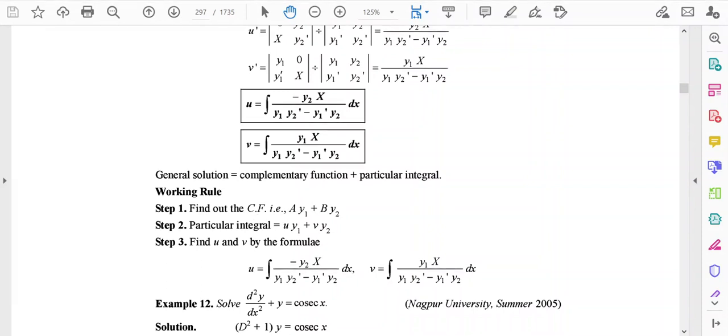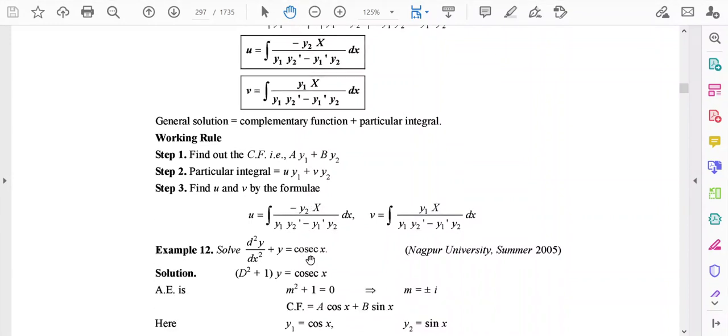Next we write that the particular integral is u y1 + v y2, where u and v are given by these equations. Look at the function in the denominator, y1 y2' minus y1' y2. This term is known as the Wronskian.